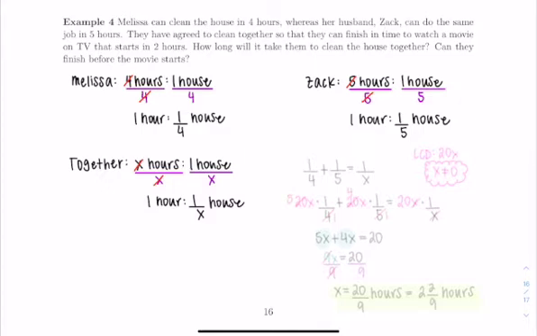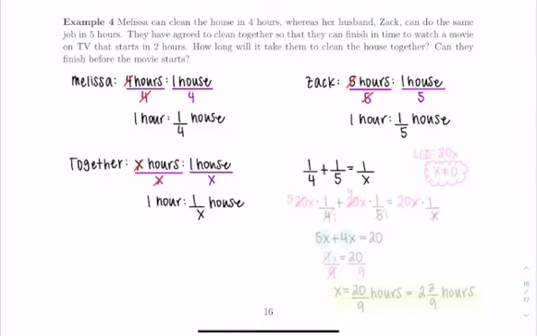So to set up our equation, we're going to take how much of the house Melissa cleans in an hour, which is 1/4, plus the amount of a house that Zach cleans in an hour, which is 1/5, and set it equal to how much they would do together in an hour, which is 1/x.